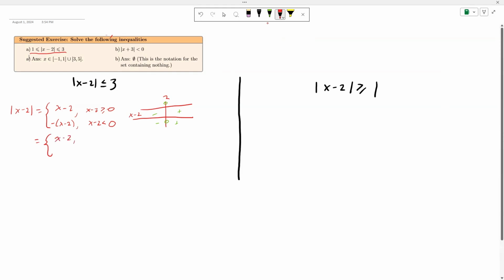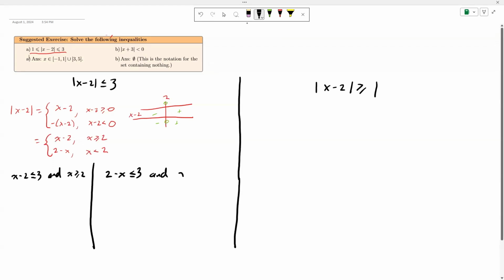We get x minus 2 if x is greater than or equal to 2, and 2 minus x if x is less than 2. Remember, we're going to split it now into 2 additional inequalities. We have x minus 2 less than or equal to 3 and x greater than or equal to 2. Now we have 2 minus x less than or equal to 3 and x less than 2.